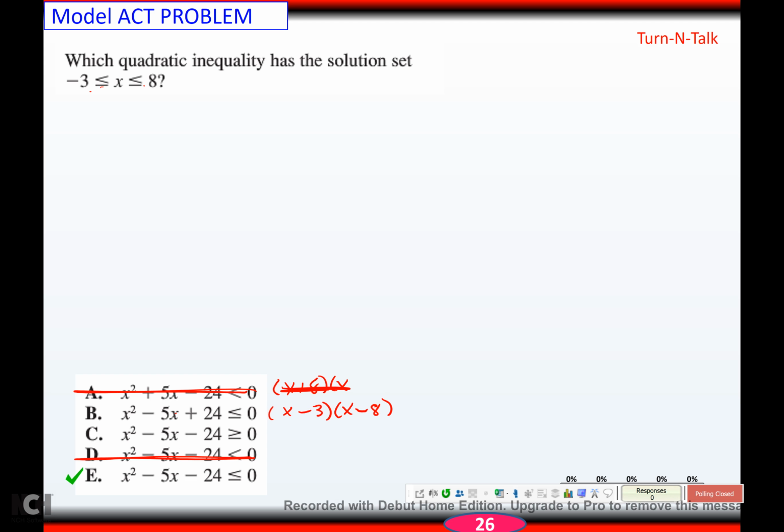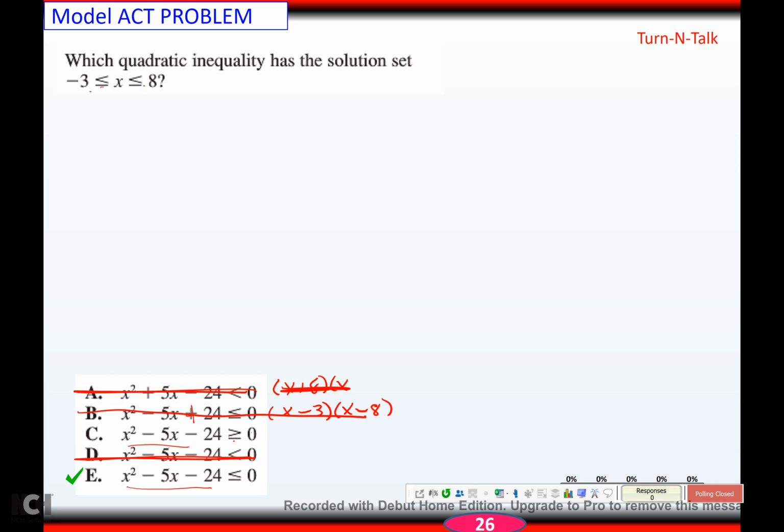That would give me, oh heck, what am I doing? 8 and 3 is 24. Yeah, but this says they would have to match, and that would not give me 5 in the middle. That would give me 11 in the middle. So B is out. So now all I have to do is figure out, these factor the same, but is it greater than or is it less than? Well, you have to look at which one is true.